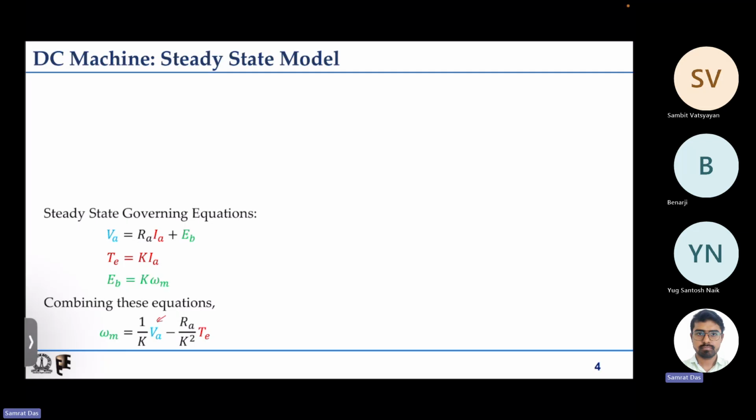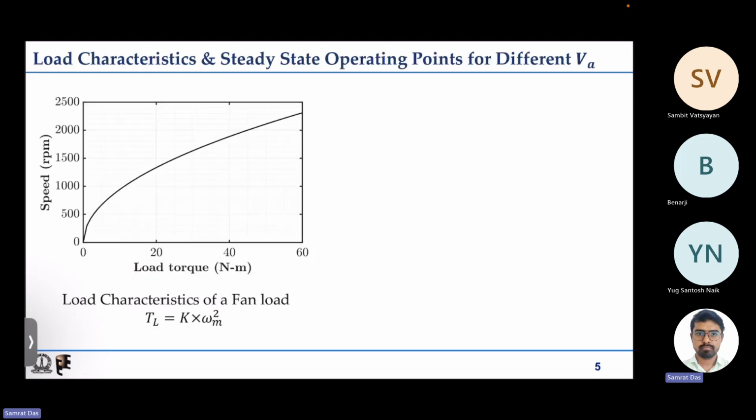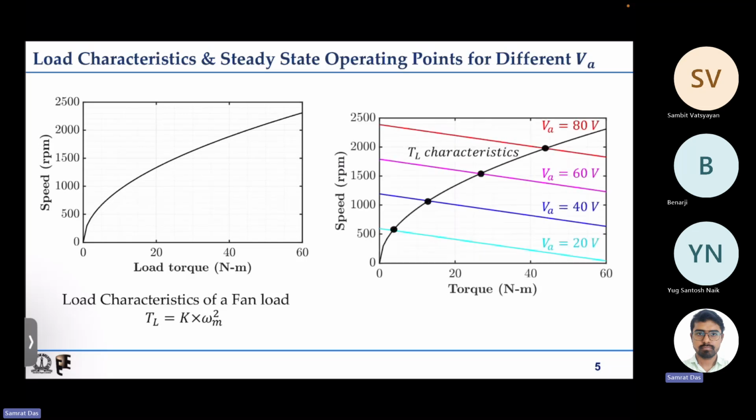We can change that armature voltage that we apply, and we have different sets of motor characteristics. And if we superimpose the load characteristics, that is the relation between the speed and load torque for our load, on the motor characteristics, then the intersection points indicate the steady state operating points.